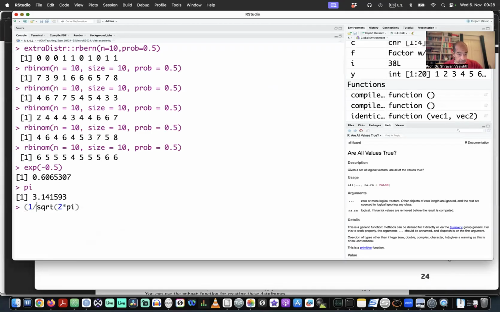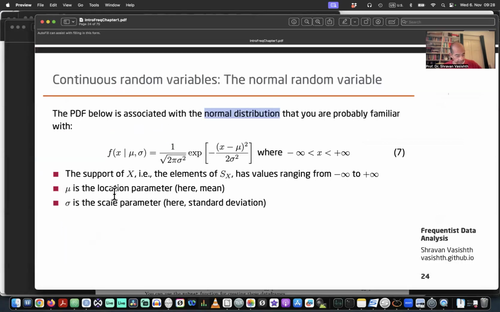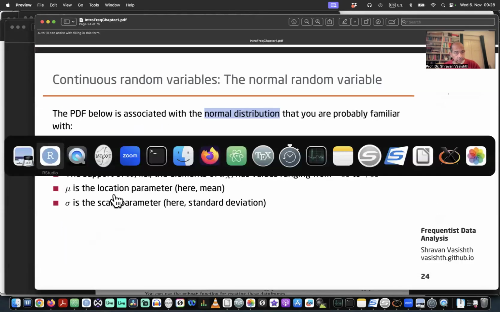That's my first term. The second term is times exponent of minus half, 0.5. So that's 0.2419707, I'll just call it 0.242, okay?